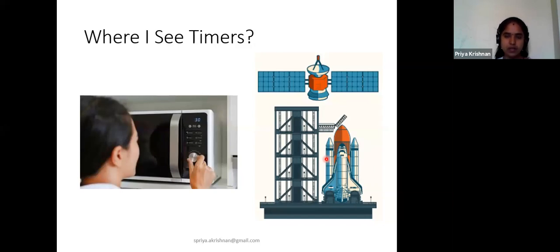And we all have one timer, an internal timer, usually called the biological timer. When tomorrow you have exams, tonight while sleeping you will be thinking, at 5 o'clock exactly I have to get up to prepare for the exams. You sleep with that thought, and exactly at 4:45 you wake from your bed.